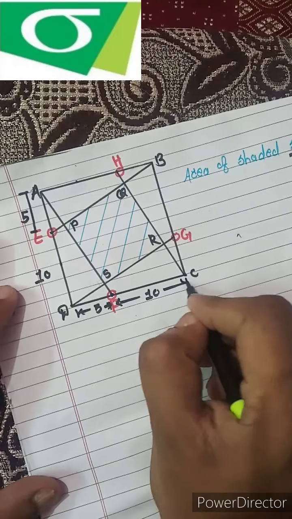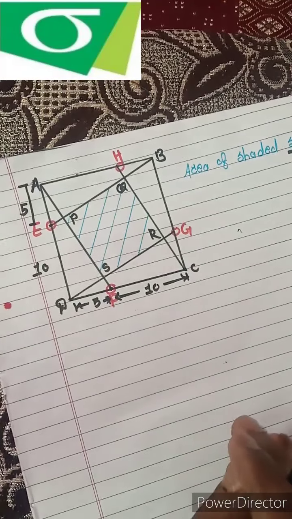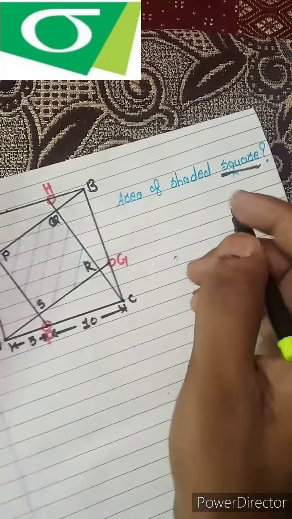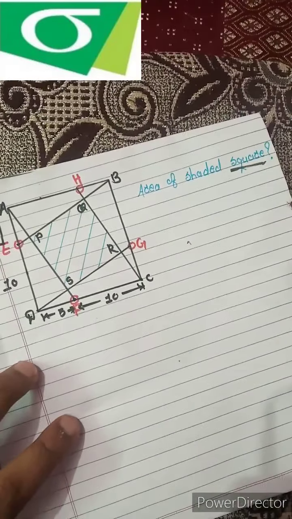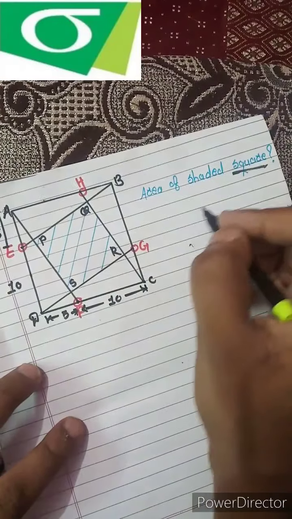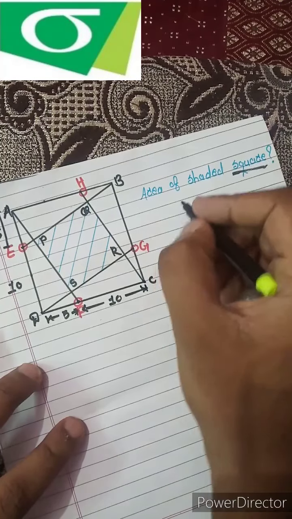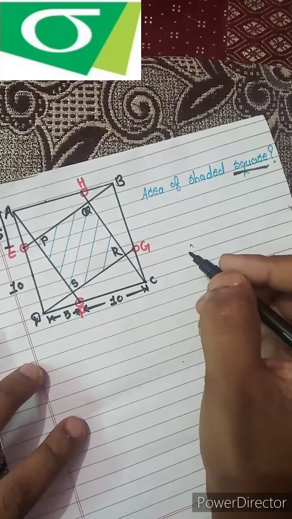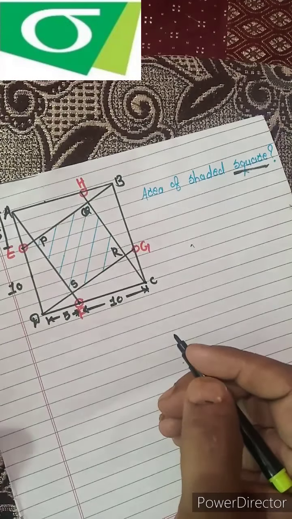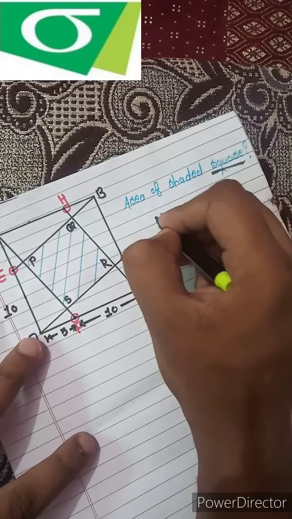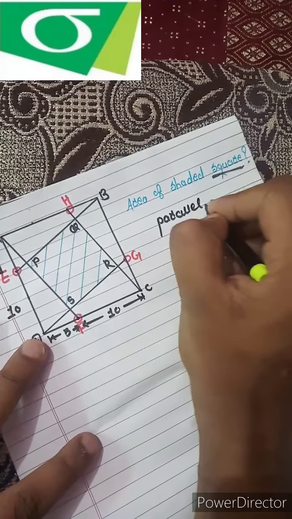For finding this we can use either trigonometry or the parallel line theorem. In comparison of the two, the parallel line theorem is the simplest.